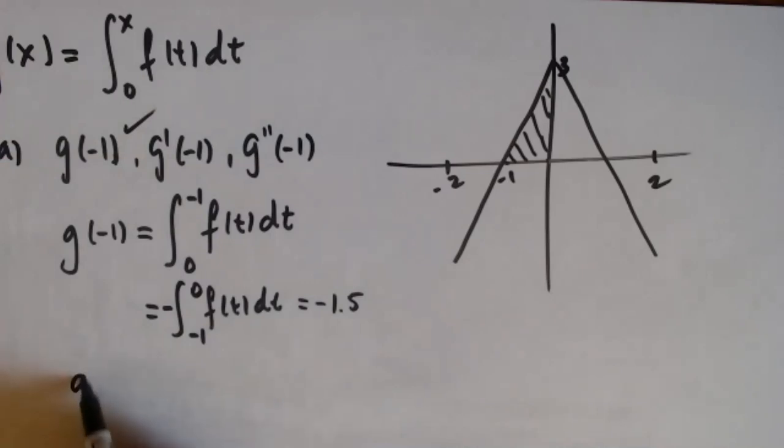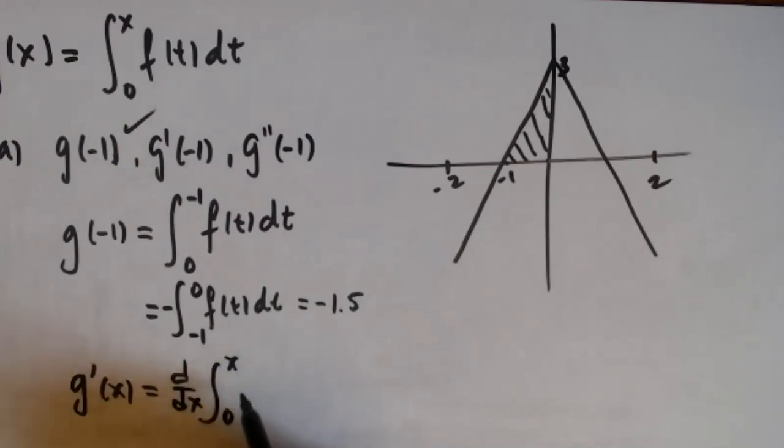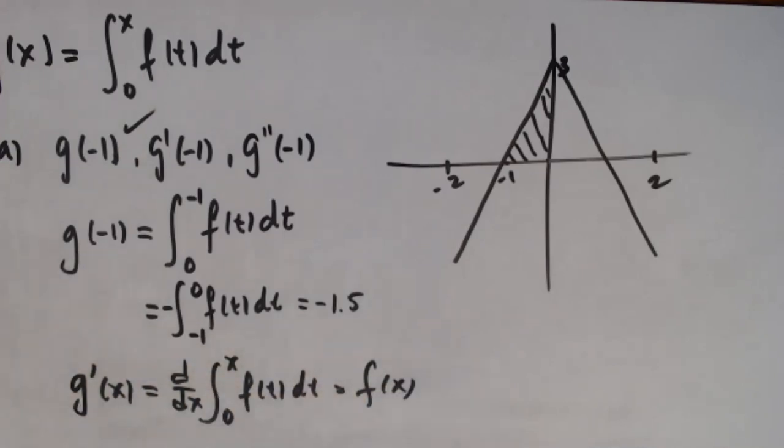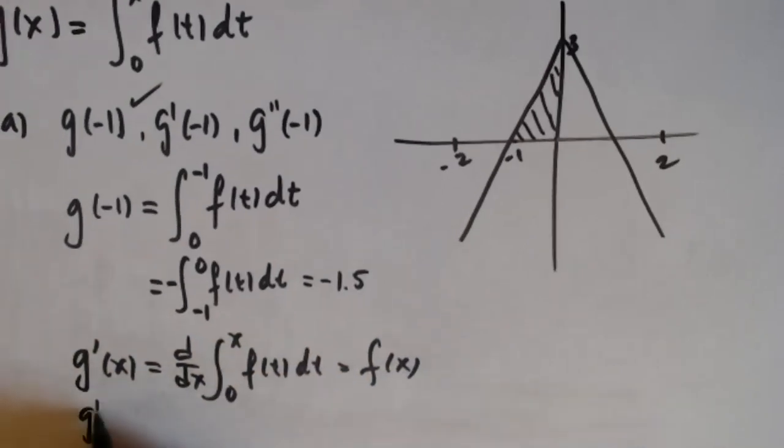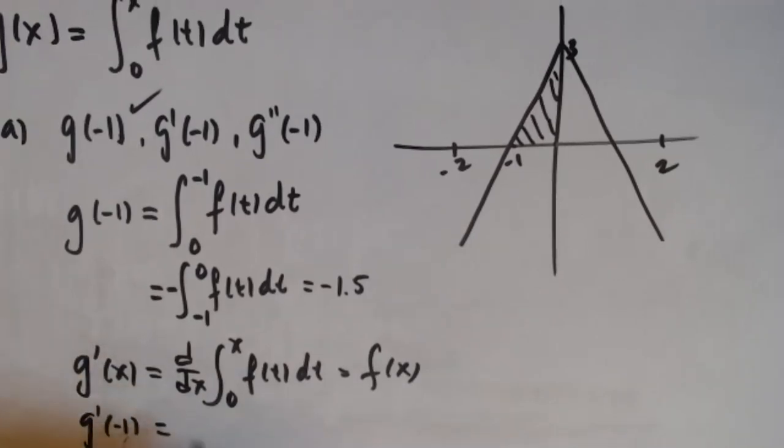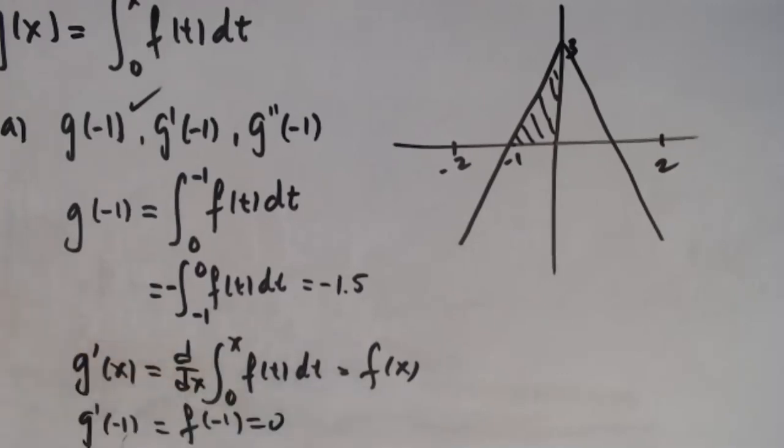Well, that's just f of x. g prime of x is the derivative with respect to x of the integral from 0 to x of f(t) dt, and this is f of x. Very good, Brandon. Now, if you want g prime of -1, you have to do f of -1, and that equals 0. Correct, 0.